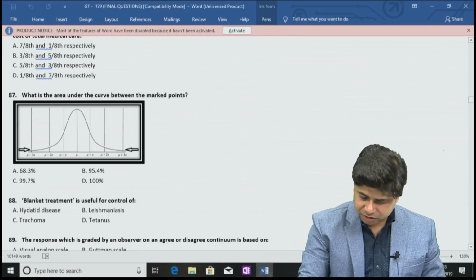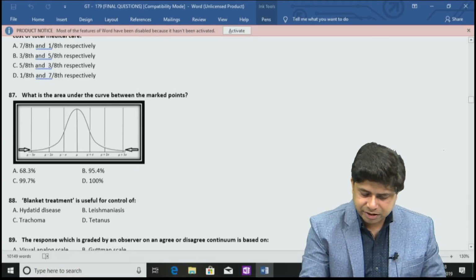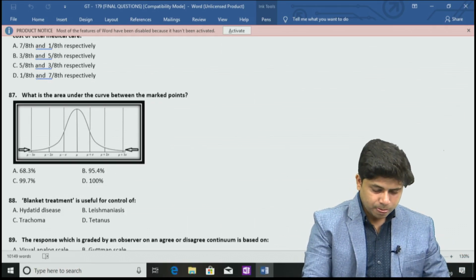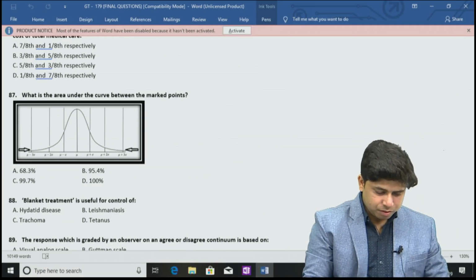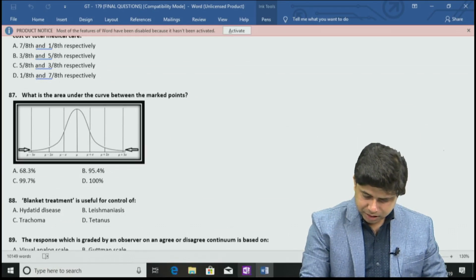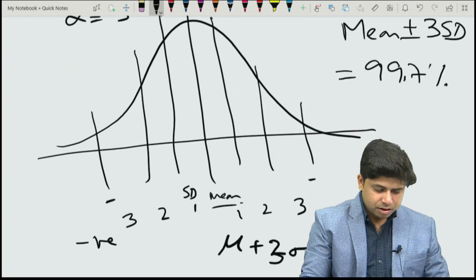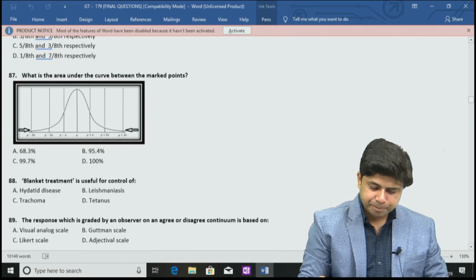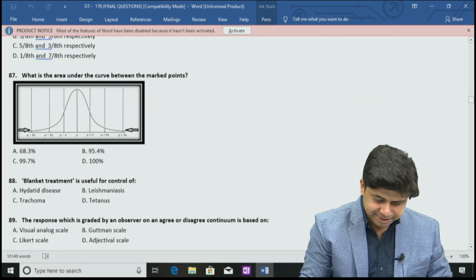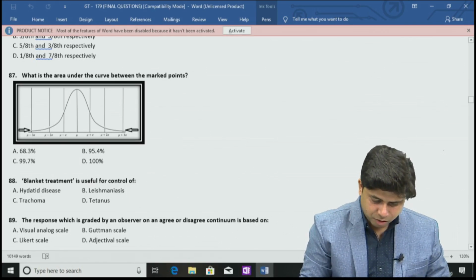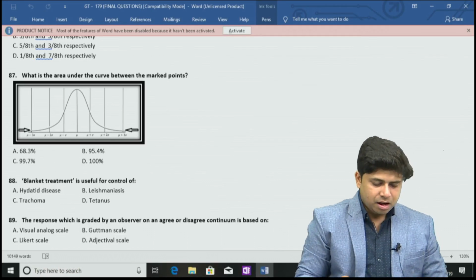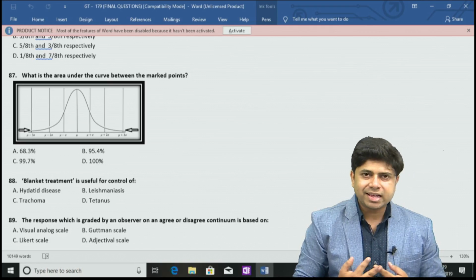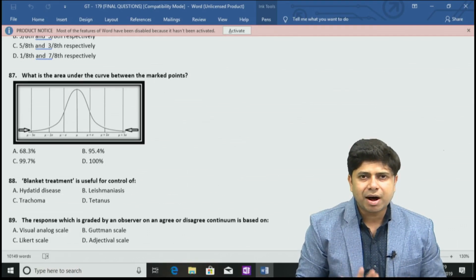Let's go to the next question, which is question number 88: blanket treatment is useful for control of. Let's see the options: hydatid disease, leishmaniasis, trachoma, or tetanus. Actually, the blanket treatment is for trachoma, and this is why it is known as a blanket treatment, because it is a mass treatment.